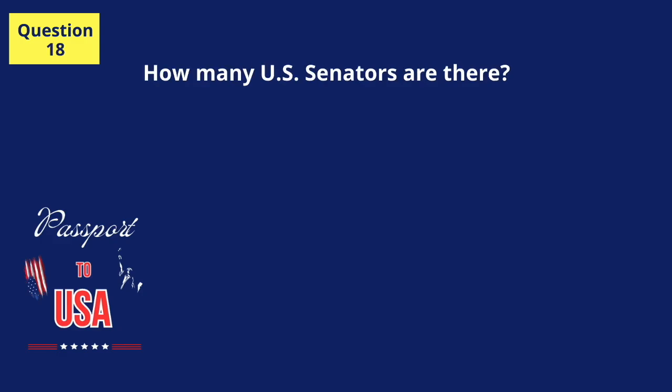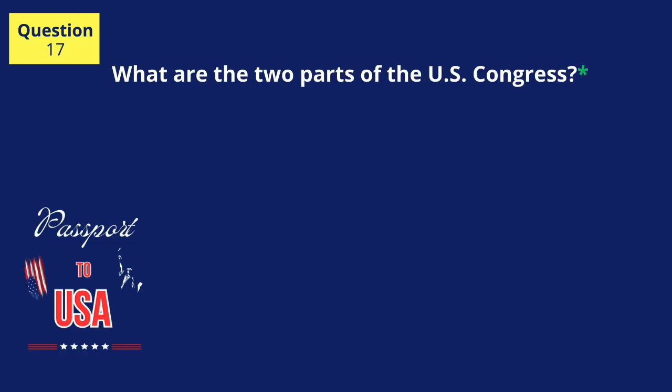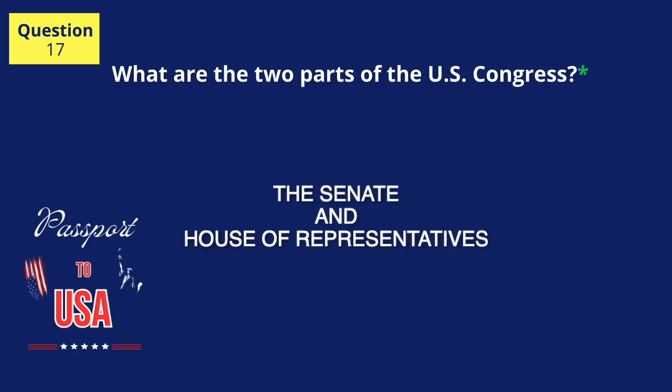How many U.S. senators are there? 100. What are the two parts of the U.S. Congress? The Senate and House of Representatives.